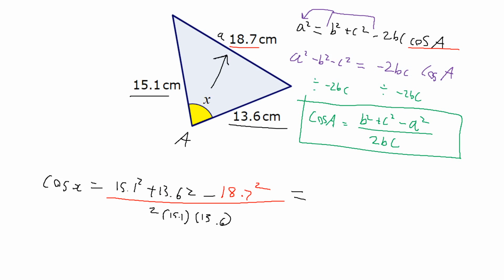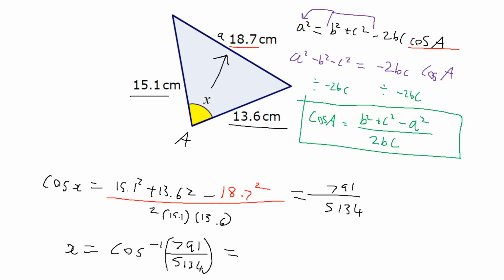And then when we put that into our calculator, we get an answer of 791 divided by 5134. So then let's find the inverse. X is just going to be the inverse cos. Remember when we did SOHCAHTOA? That's all we're doing. The 791 over 5134. And so what we're left with is an answer of 81.14 degrees. And that's all there is to it.